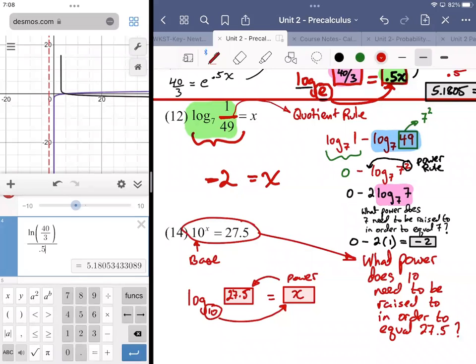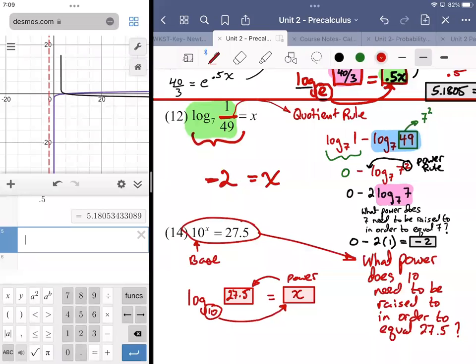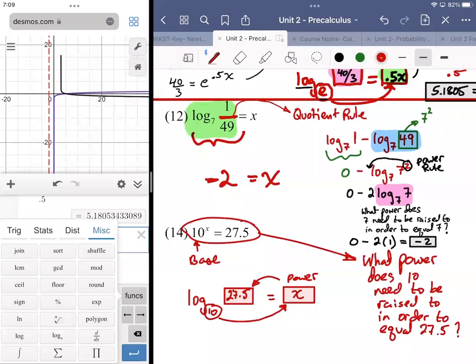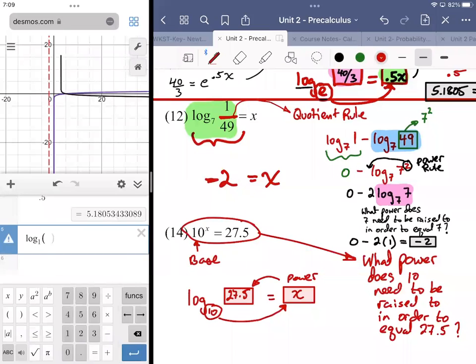If you know the definition of a logarithm, that tells you, oh, wait, log base 10 of 27.5. It means the same thing, right? Just by being able to read the equation and understand what it's really asking you to figure out, you're able to convert it over into log form. Either way, so many different ways to get there. Bottom line is, we need a log base 10 of 27.5.